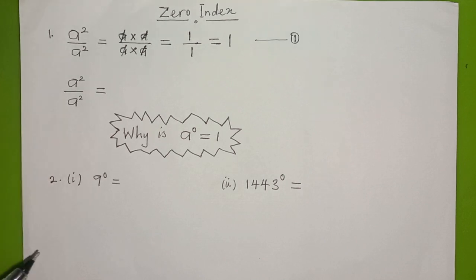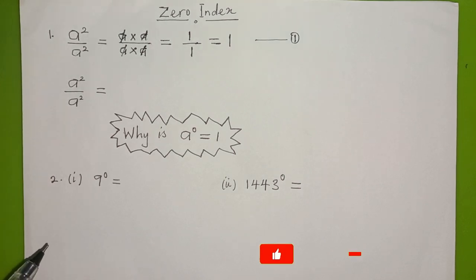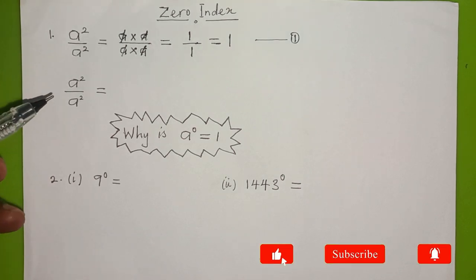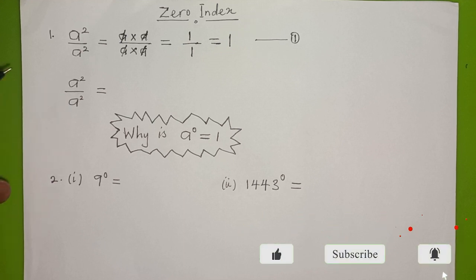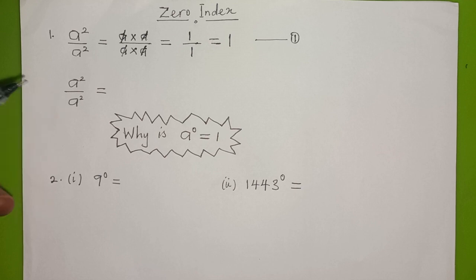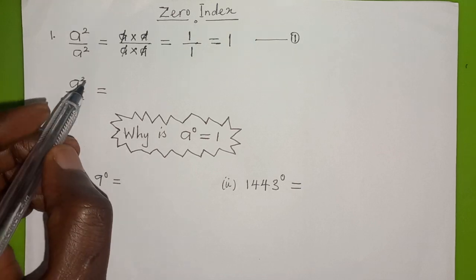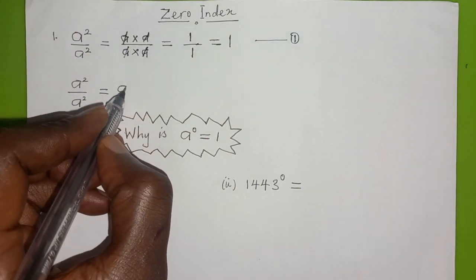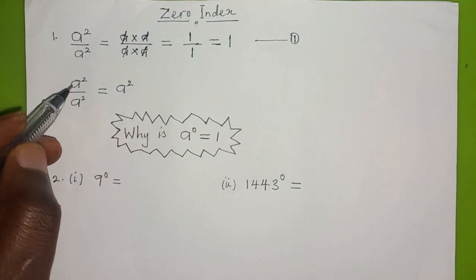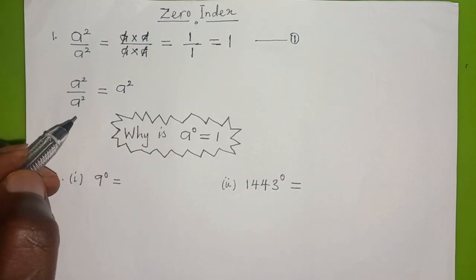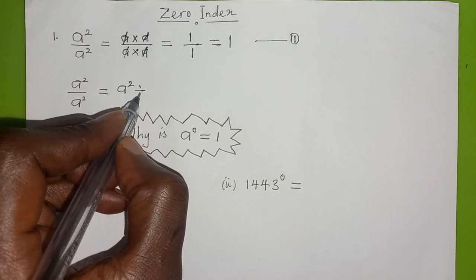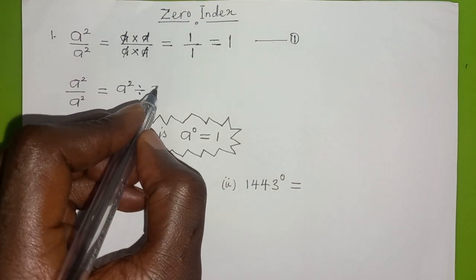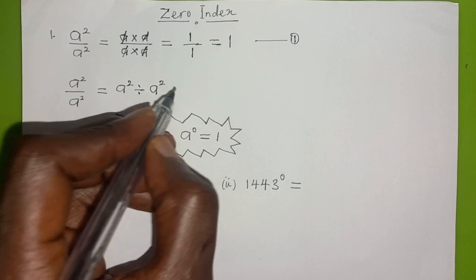Let us look at the second expression. We want to actually solve this with a different method by using the second law of indices. So this is the same as a raised to the power 2. Because they are dividing, their powers will subtract. So let me just rewrite the division sign. This is also a raised to the power 2.